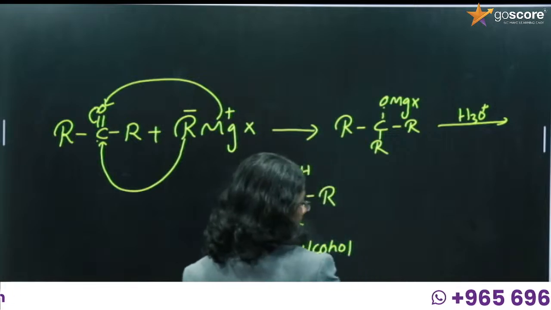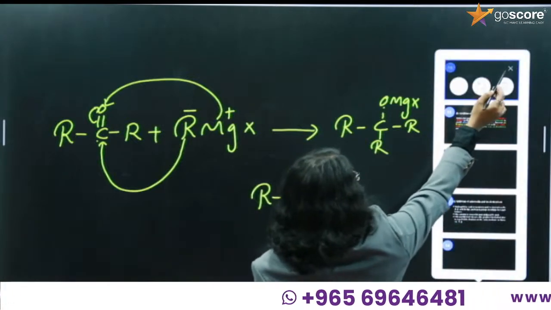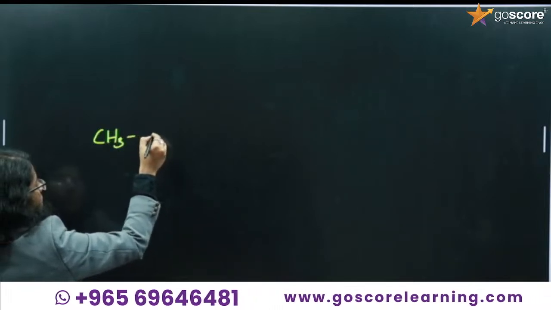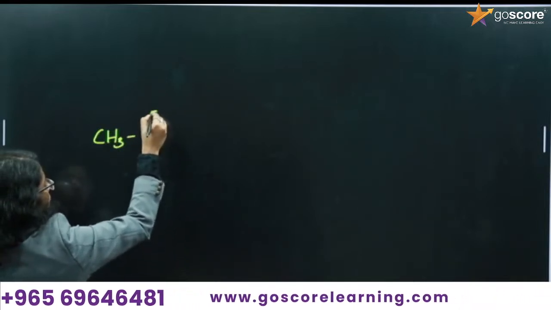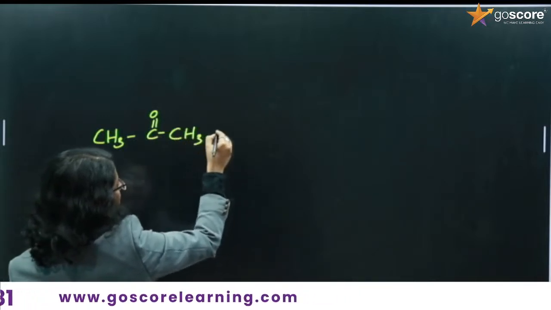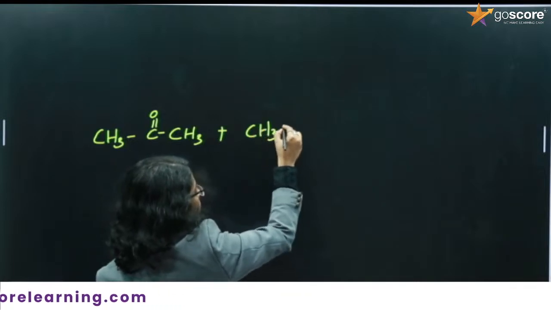Okay. Then can you tell me the product of this compound? That is CH3 C double bond O CH3. It is treating with Grignard reagent, that is methyl magnesium bromide.